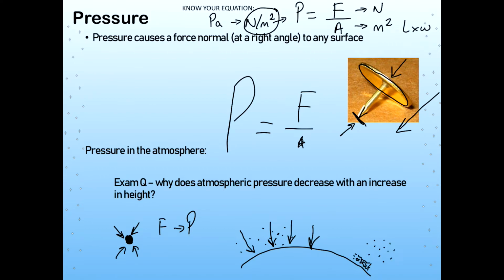The particles are more spread out, and as a result there's a very important difference in the amount of pressure an object would experience. Simply, lower in the atmosphere, with a decrease in height, you've got a higher density of air, so more particles, so more collisions, and if you've got more collisions you have more force, and with more force you've got more pressure.